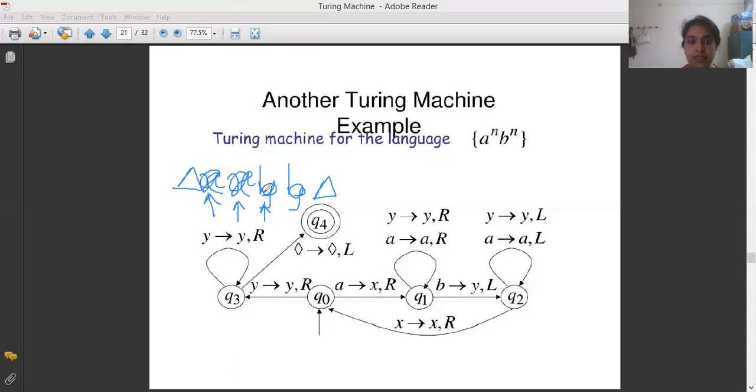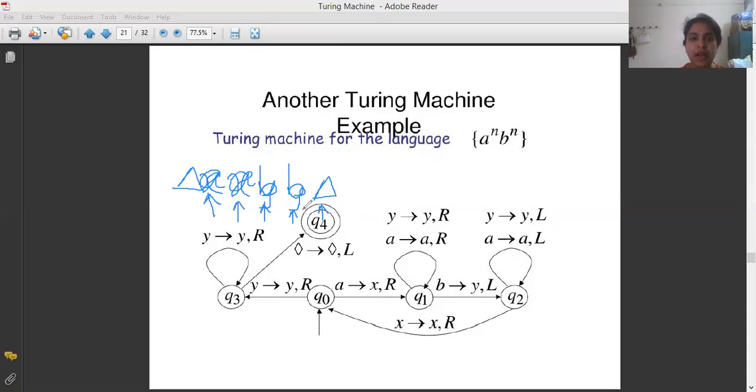Now we have to finally confirm that there are no additional B's. So how do we do it? We just keep on reading these Y's, and what we find immediately next to the last Y is a blank. This configuration means we have exactly equal number of A's followed by B's.